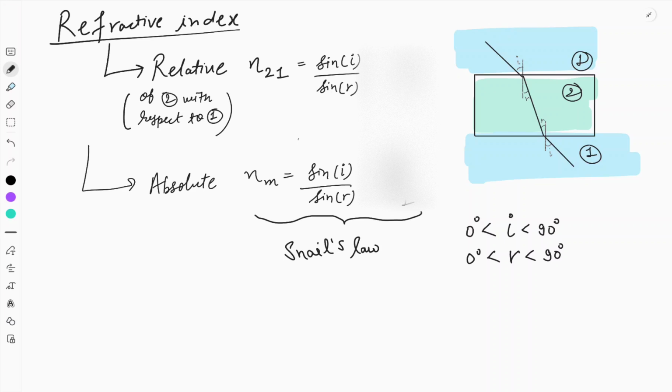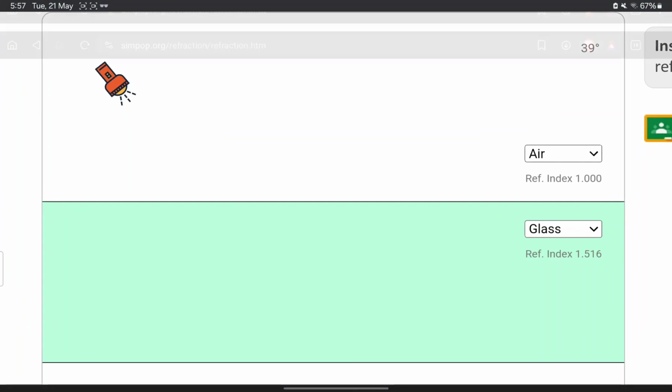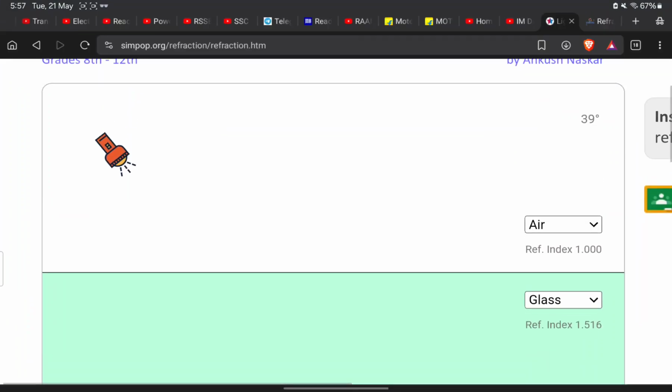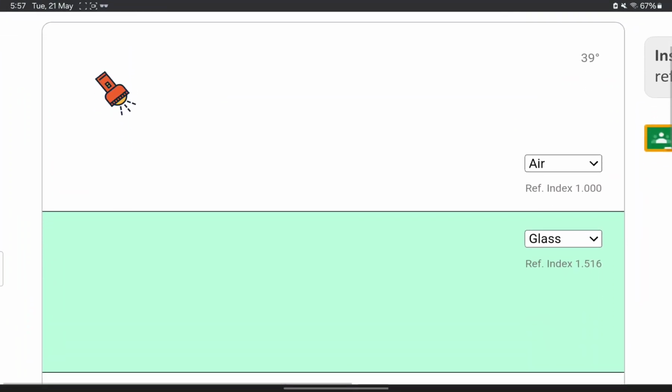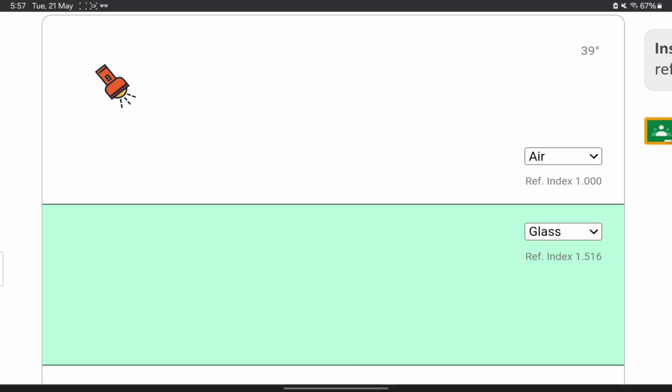Okay, and now how do we explain that? To explain that, I have loaded up a simulation for you guys. A simulation is nothing but an experiment that is simulated for you to understand the concept better. We have a glass sheet here, we have air, and we have our torch that acts as a light source.